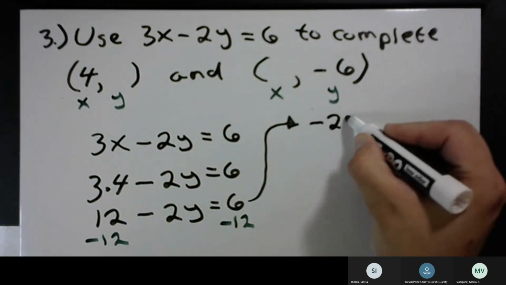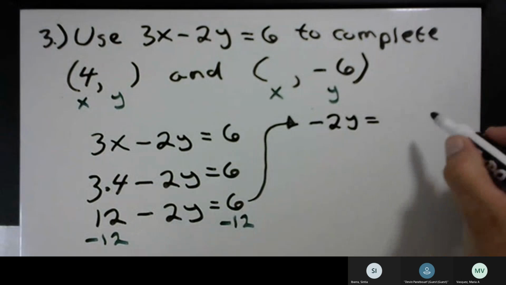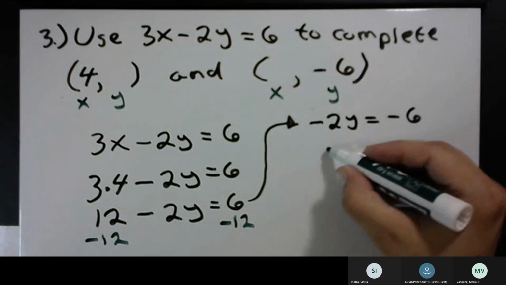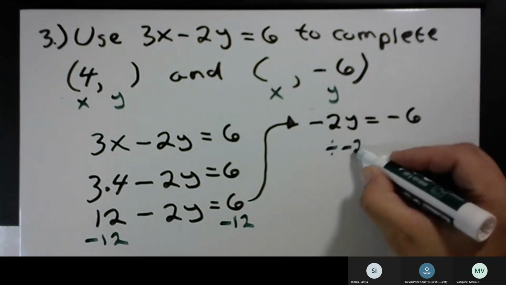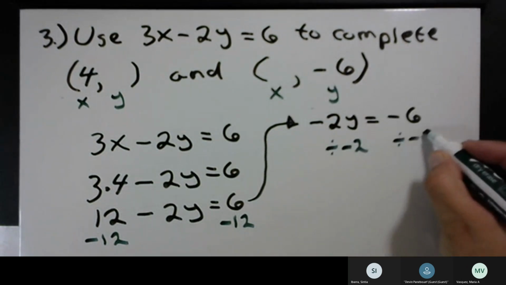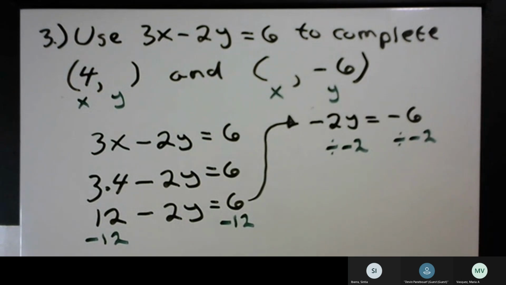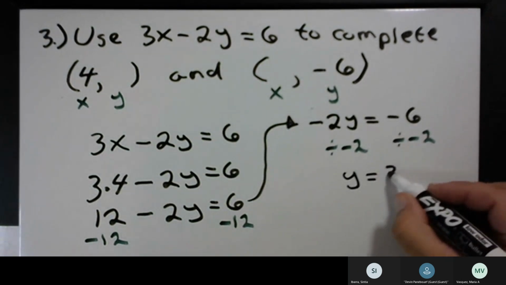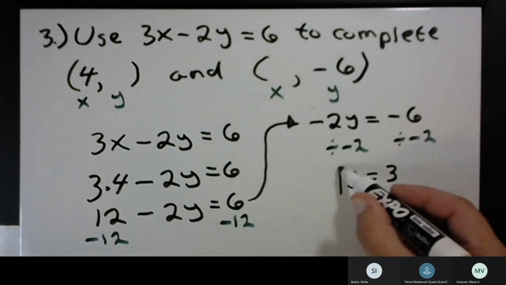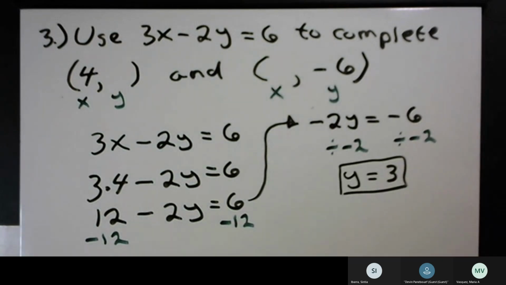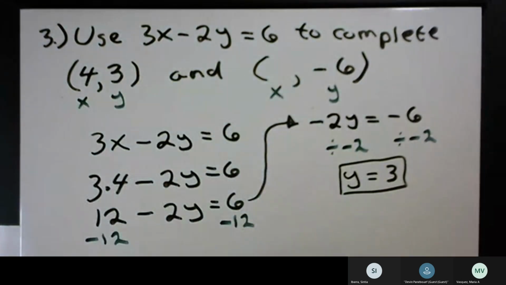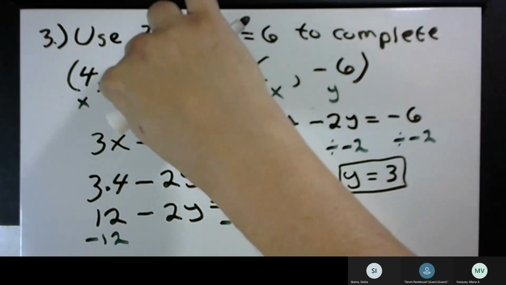We'll get negative 2y equals negative 6. Divide by negative 2. Get y is equal to 3. So that means we put a 3 over here. Use the green marker.